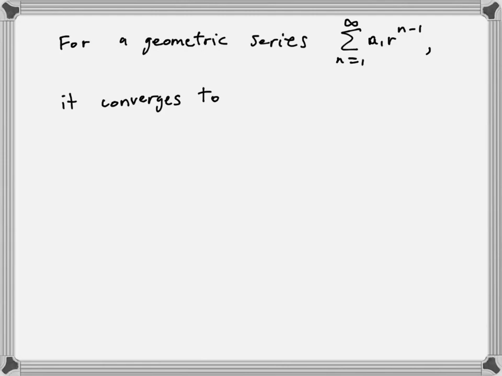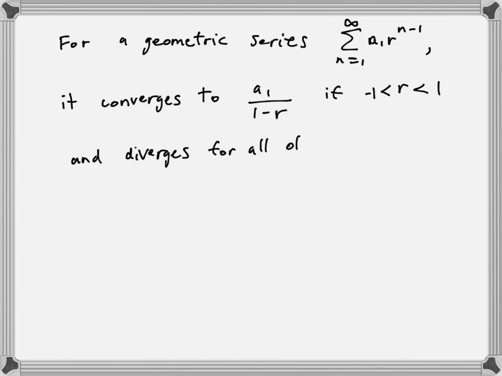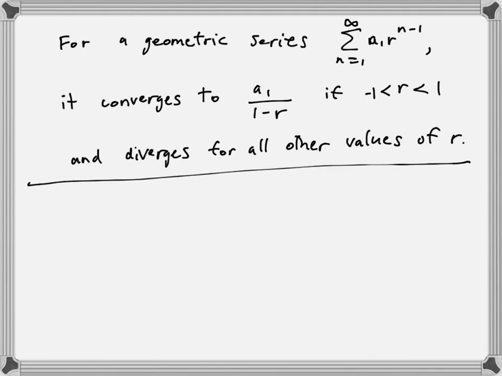Not only does it converge, but it converges to a1 over 1 minus r if r is between -1 and 1, and diverges for all other values of r. Okay, so this is the important thing that needs to be remembered for geometric series.